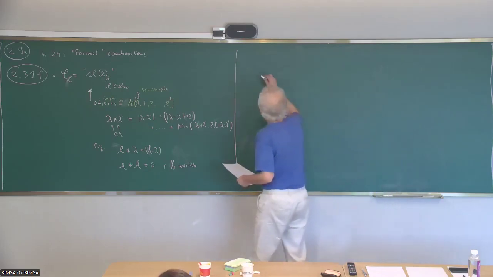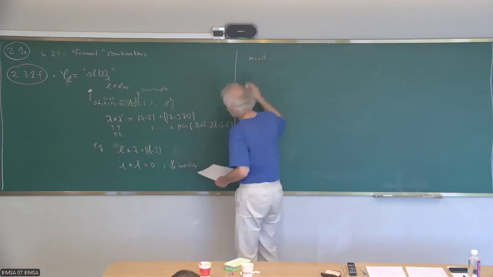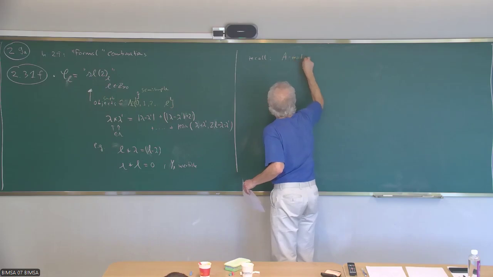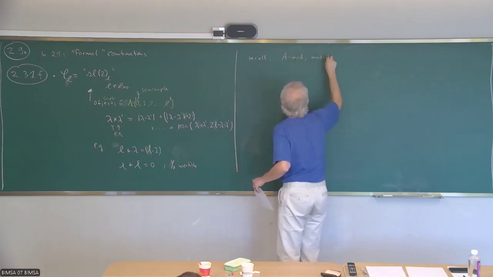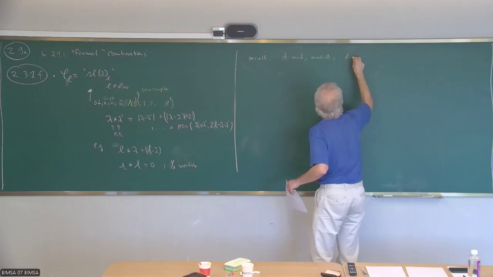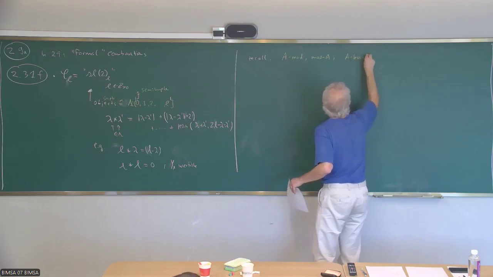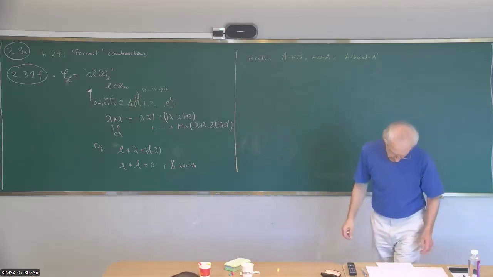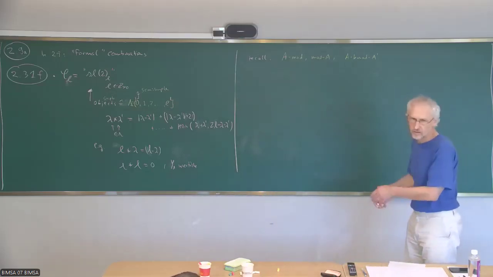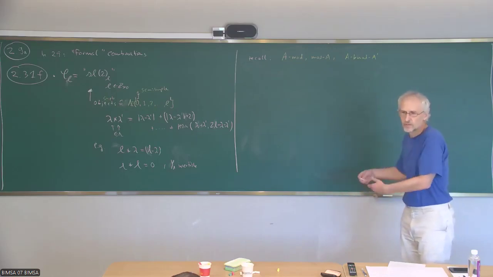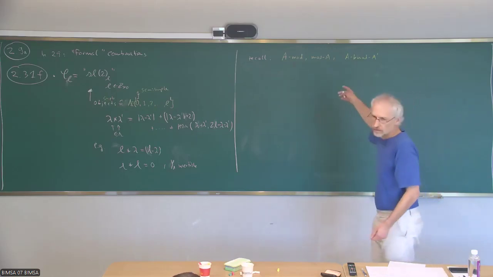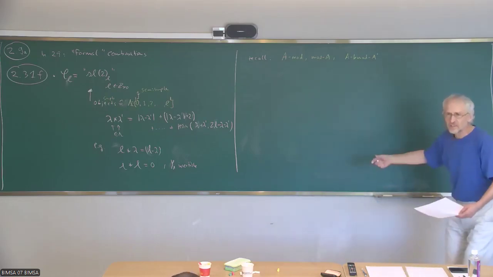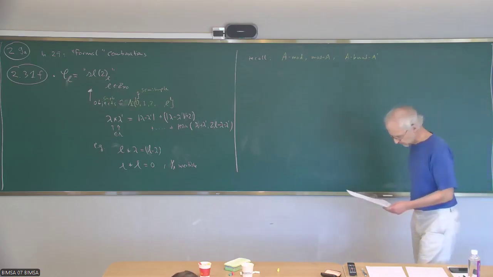And I introduced the categories of A left modules, A right modules, and A-A' bimodules, which have as objects modules and as morphisms, module morphisms. Exercise: check that they are indeed categories.